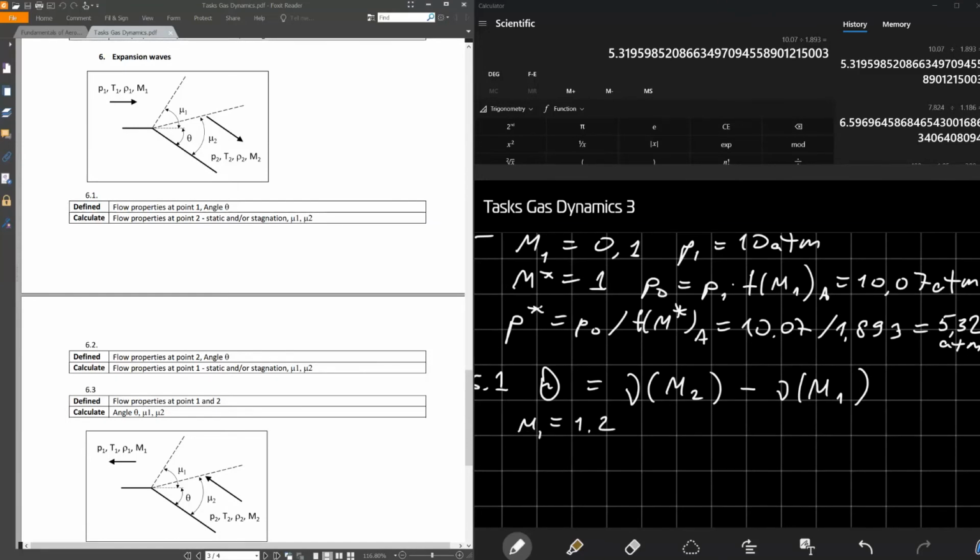Okay, and let's say pressure 1 is 2 atm, and temperature 1, how much could it be? Let's have 500 Kelvin. So these are the flow properties, and I need to find the flow properties after, at section 2. Also here I set my theta angle, 10 degrees, for example.